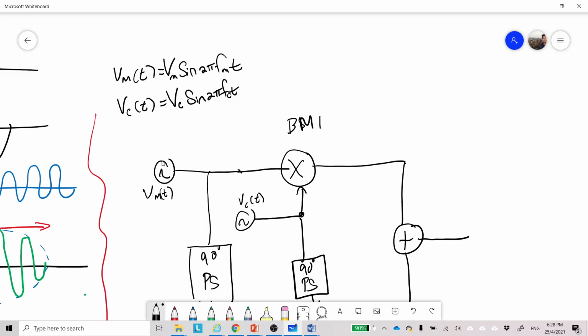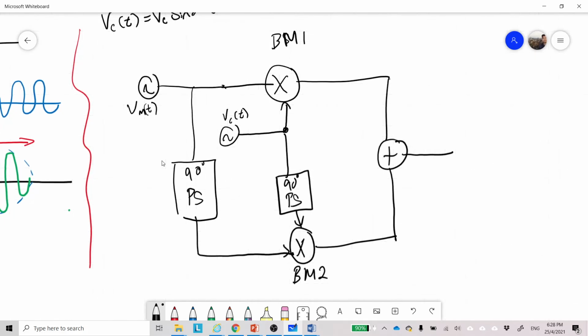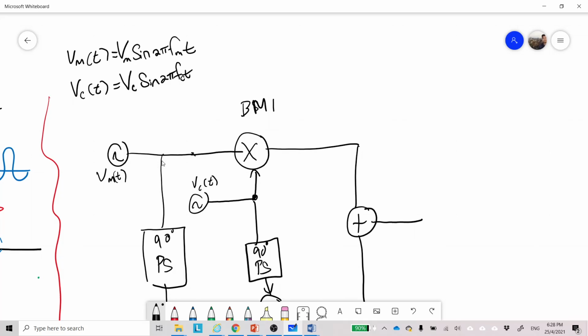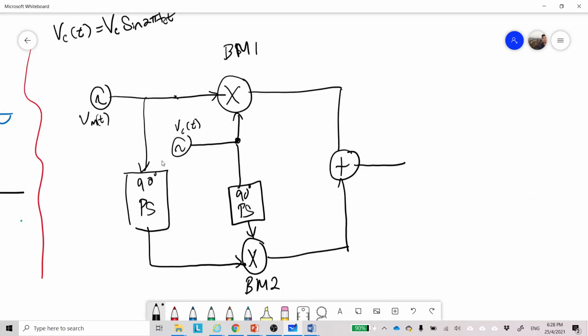Okay, so at the first balance modulator, you see that it goes like this. Okay, so the output like this.